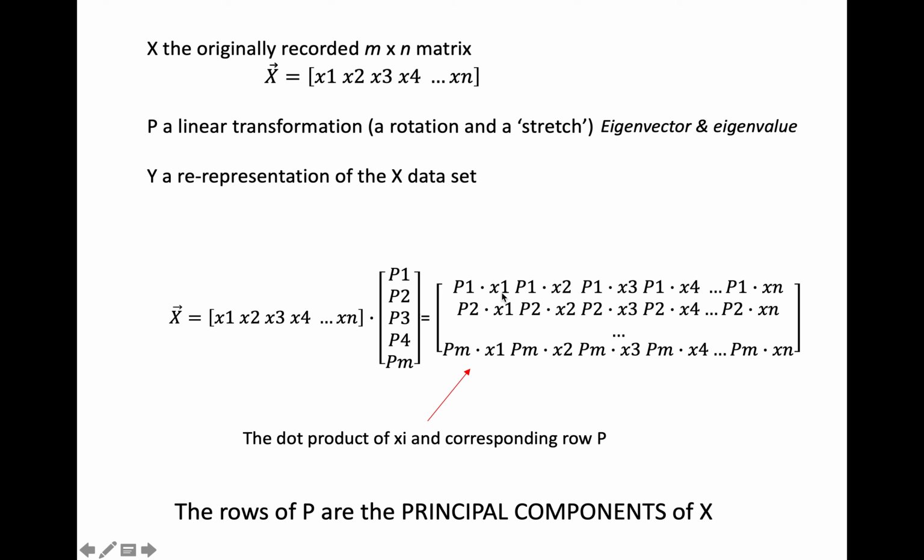And remember, the dot product basically tells me how much of x1 is projected onto this new direction, into this new vector. So I have the rows of P, P1, P2, P3, P4, and Pm, all the way down the matrix, which are the principal components of this matrix. And this is my new projection of the data set.